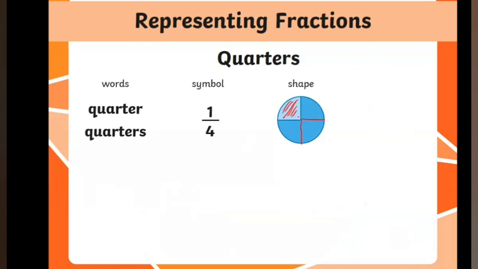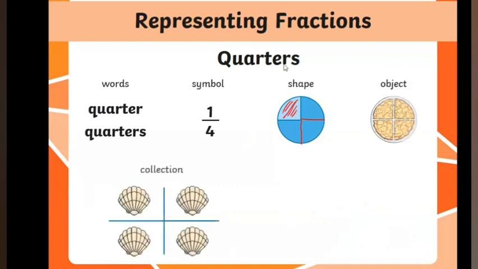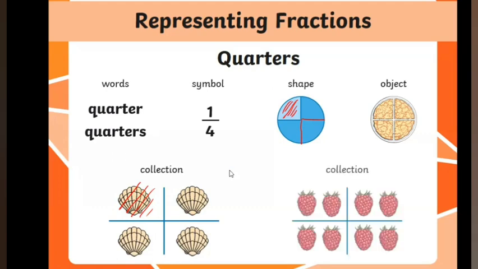This can be expressed as 1 out of 4. If there is a collection, and we consider one part out of 4 parts, then it can be expressed as 1 out of 4, or this is called a quarter.